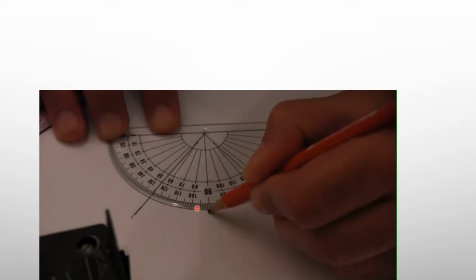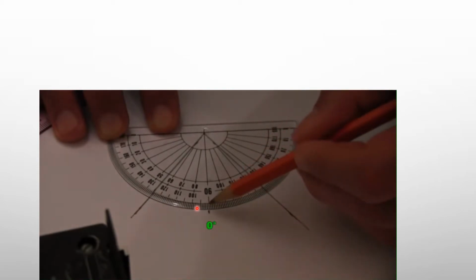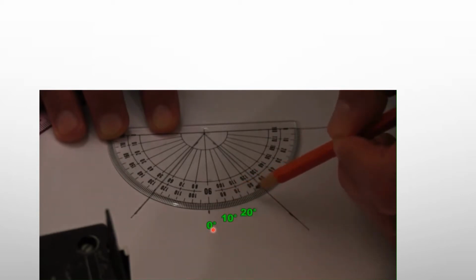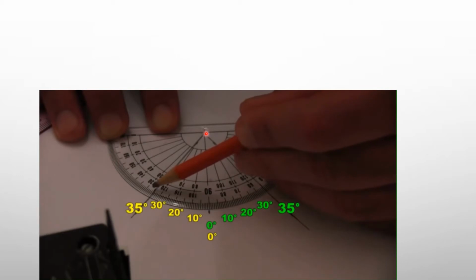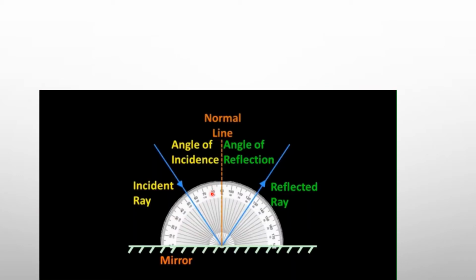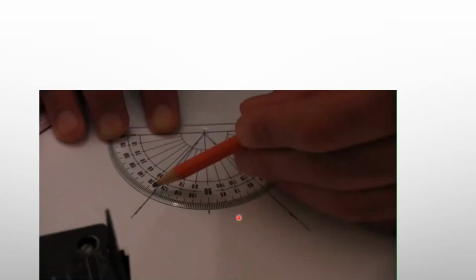Then you can draw the normal line by drawing a perpendicular to the plane mirror where the light ray hits the plane mirror, and also you can mark the angle of incidence and angle of reflection. So you can easily identify that the incident ray, the reflected ray and the normal line, all these three lines, are lying on a single plane.